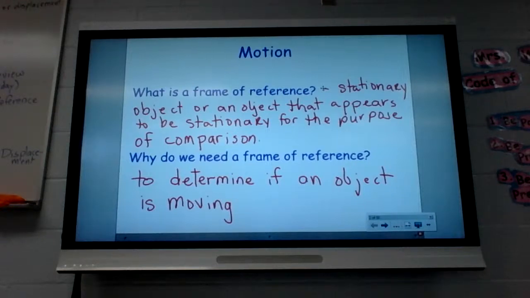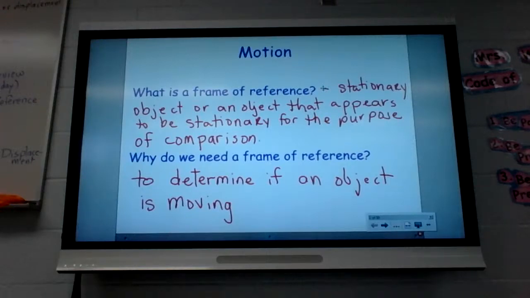The floor is a fabulous frame of reference. Okay? All right, the frame of reference can be the floor. It doesn't have to be the only frame of reference you can use. You say no, it's not the only thing. What else could be used as a frame of reference here? Shoulder.